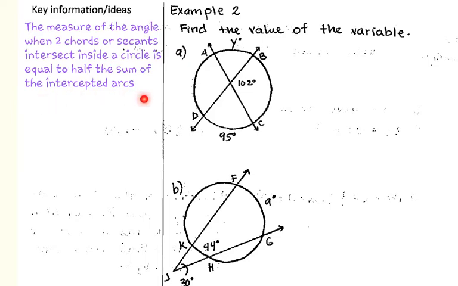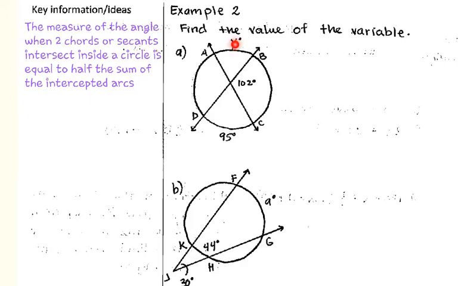This fact talks about the measure of an angle when two chords or secants intersect inside a circle. The angle that this is talking about is this angle right here and the angle below it. It's only one of these angles. So this angle measure is half the sum of the intercepted arcs.